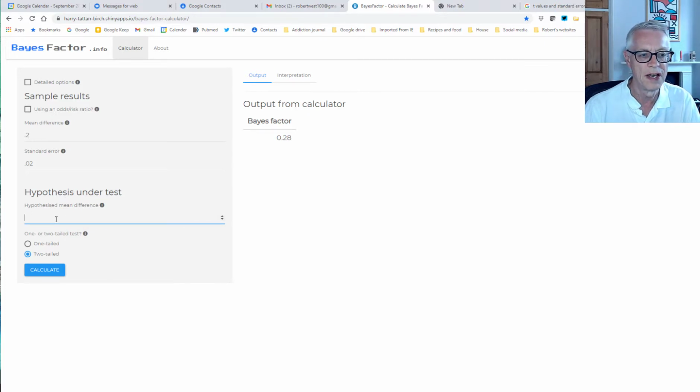You can specify a distribution. By default, bayesfactor.info specifies a normal distribution with a scale factor, or a standard deviation, of your hypothesized mean difference.